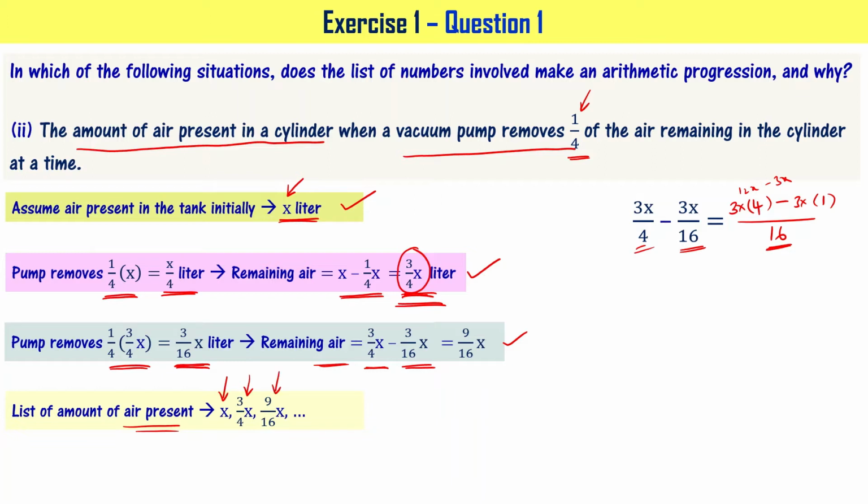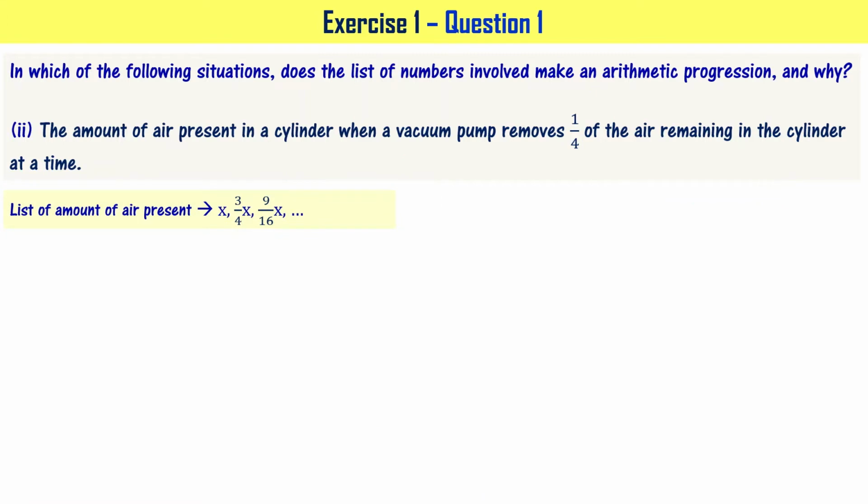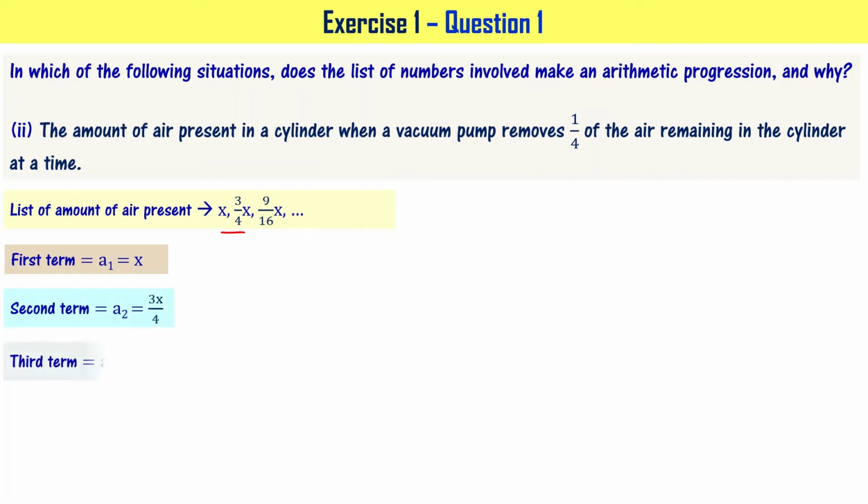We have to see whether it is going to be an arithmetic progression or not. For that, we are going to see the difference between successive terms, right? So the first term A1 is X. The second term A2 is 3/4 X, and the third term A3 is 9/16 X, right?